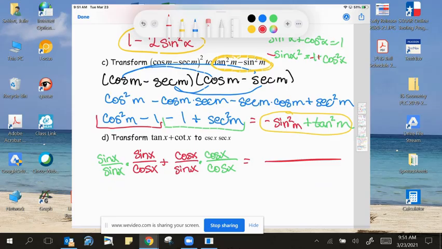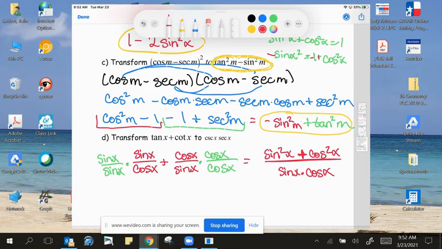Now we can add those fractions together. Okay, we have the same denominator, sine x times sine x, sine squared x, plus cosine x times cosine x, cosine squared x, all over that common denominator of sine x times cosine x. And again, because we have that plus sign in the numerator, that ruins us from being able to simplify anything by dividing out, because that numerator is not multiplied, it's added.